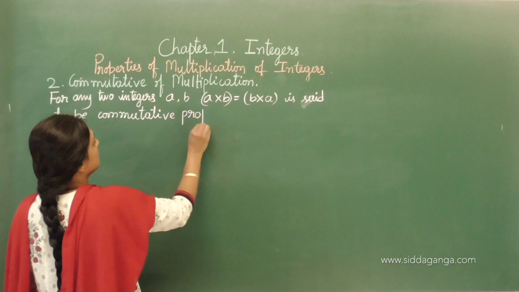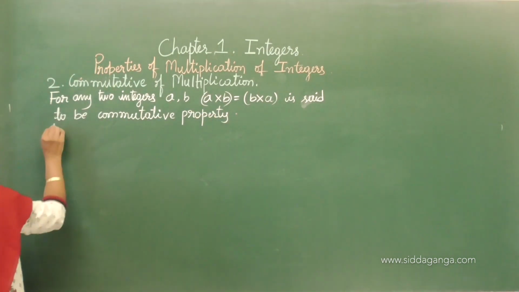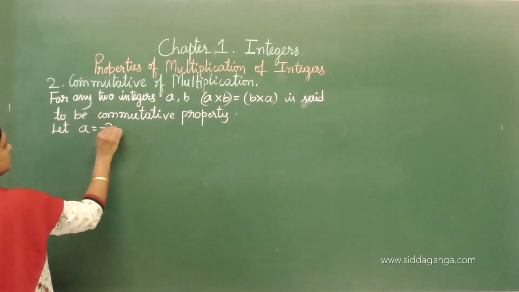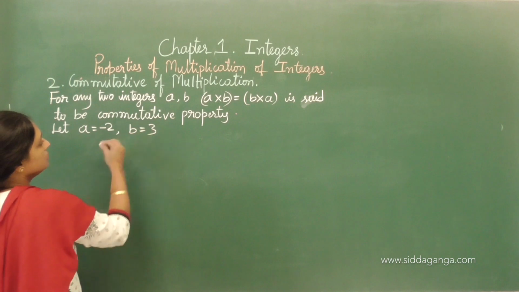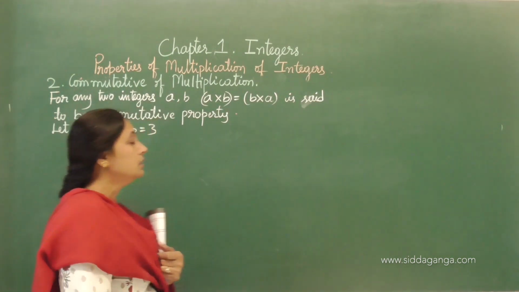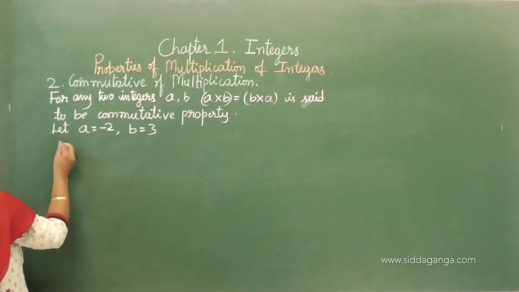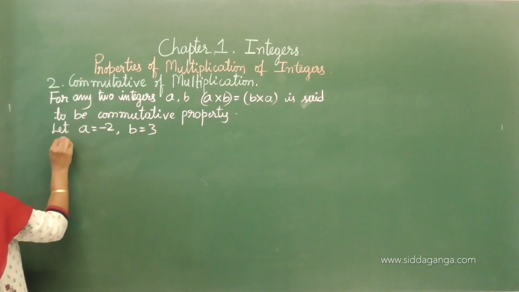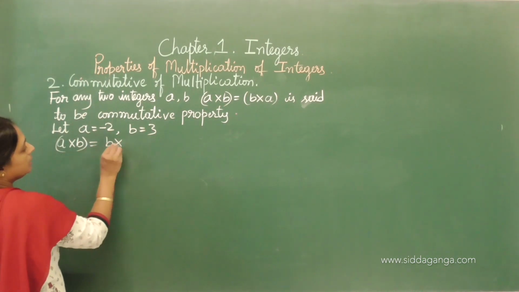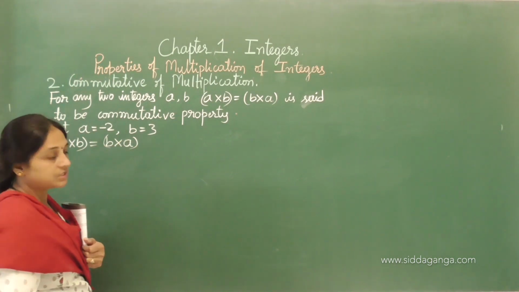Okay, here we take a is equal to -2, b is equal to 3. So consider always the smaller number, it's very easy to multiply. Okay, then the condition is a into b is equal to b into a. We are interchanging the numbers here.